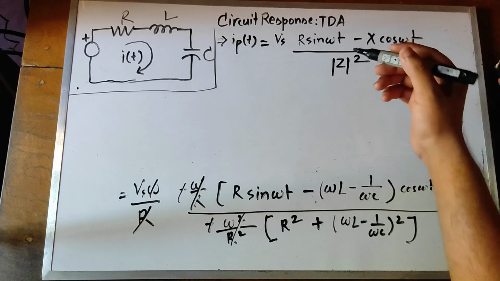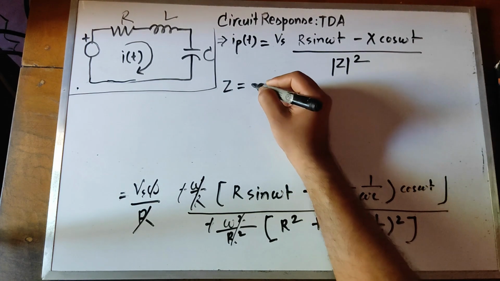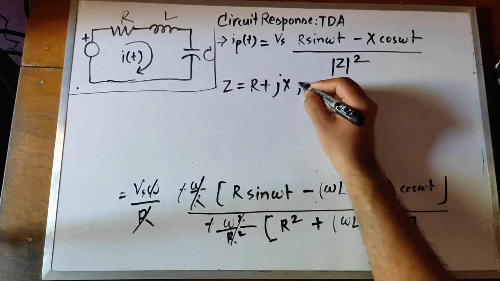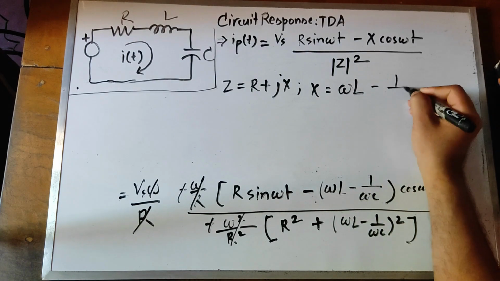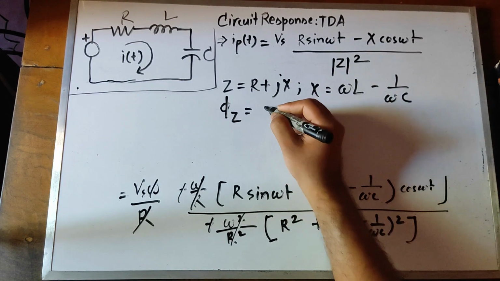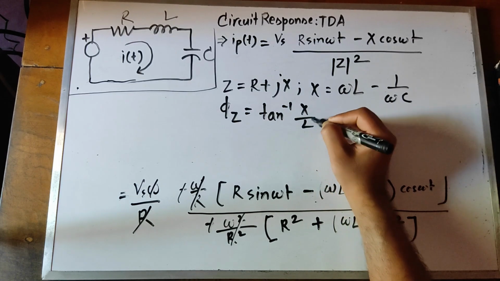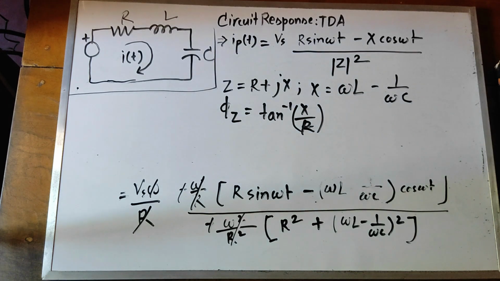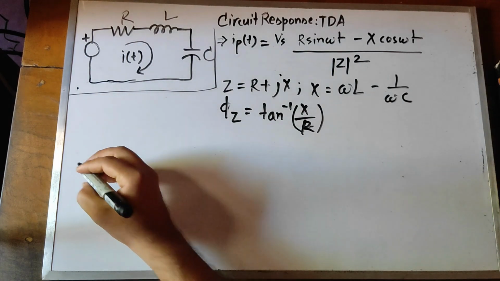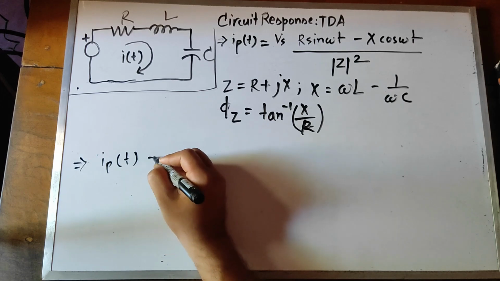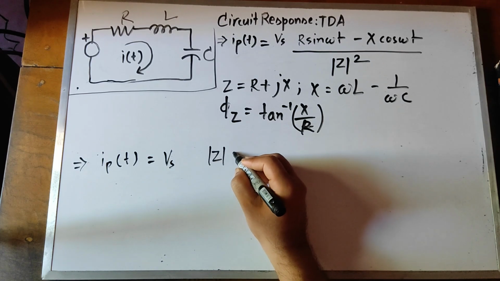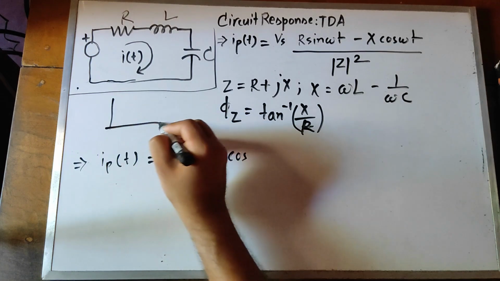So here, if z in the frequency domain is r plus jx, where x is omega L minus 1 by omega c, and if I take phi z equals tan inverse x by r, then this will easily give me the magnitude of z.